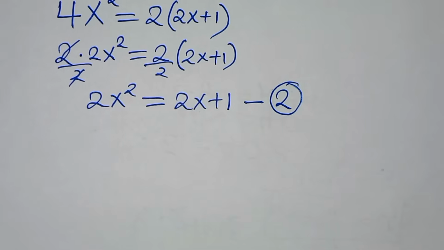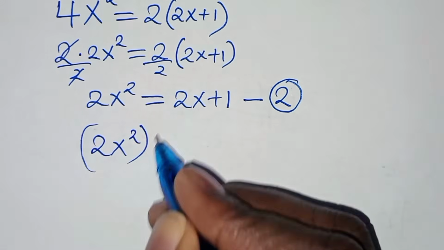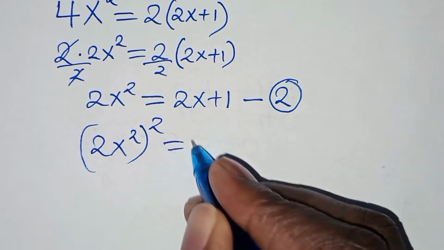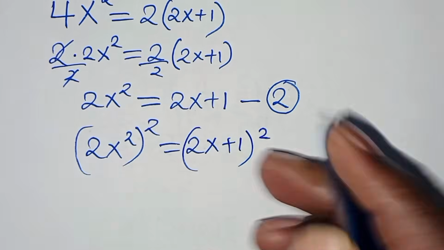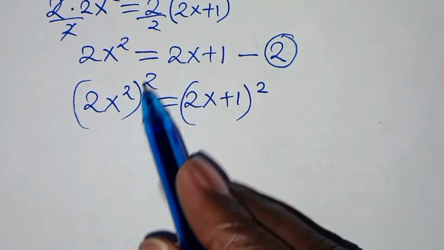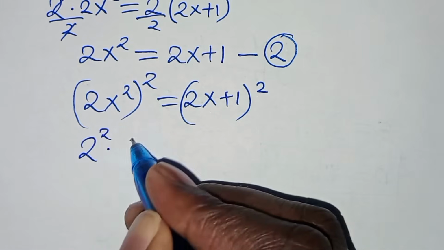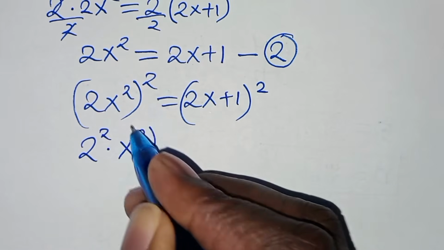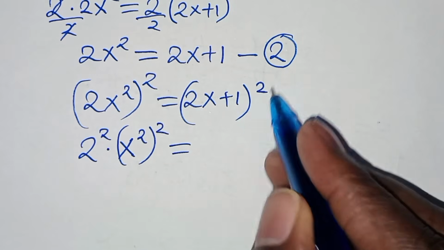Now the next step from here, let's proceed here. We have 2x squared. Again we square here, then plus 2x plus 1 squared. So 2x squared, this is the same thing as 2 squared times x to the power 2 raised to the power 2. This is equal to 2x squared.